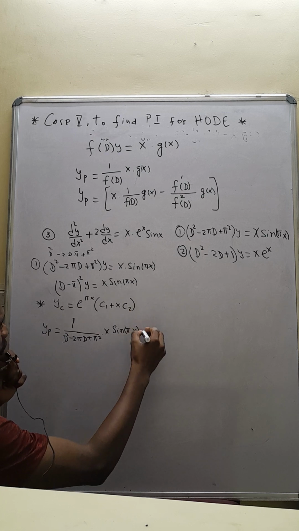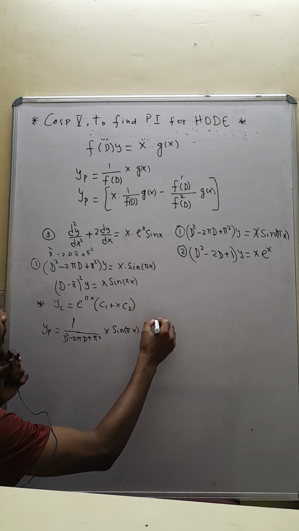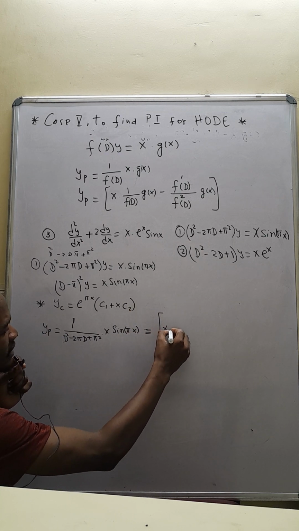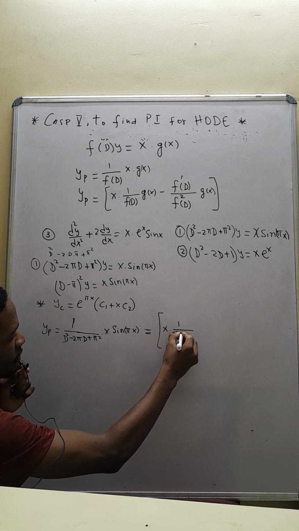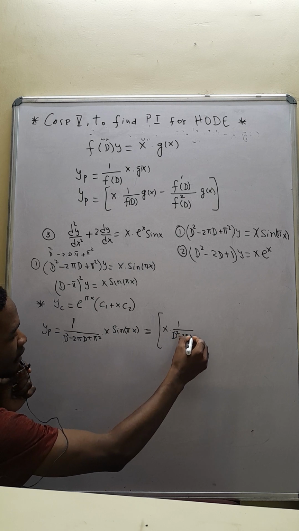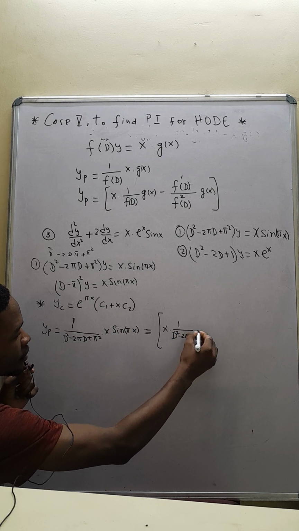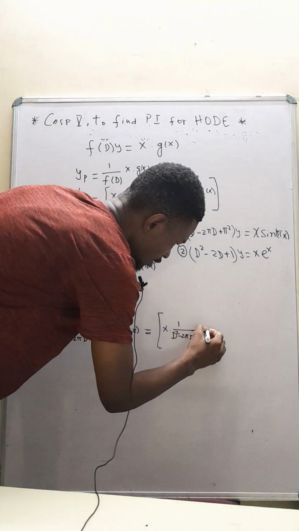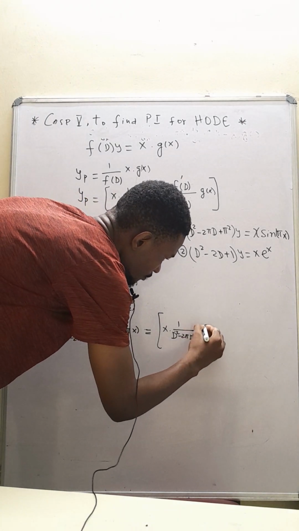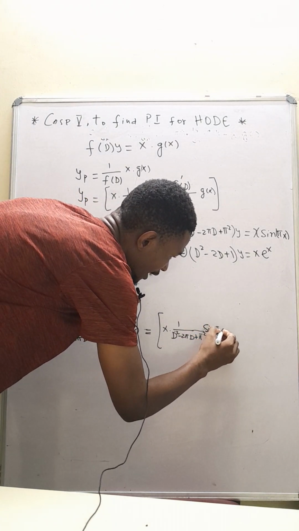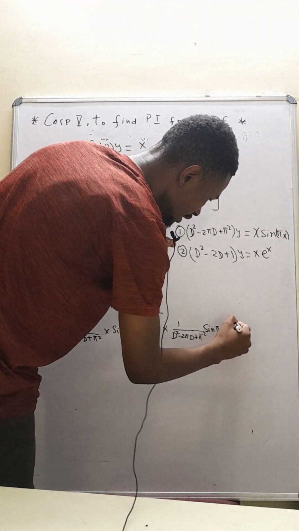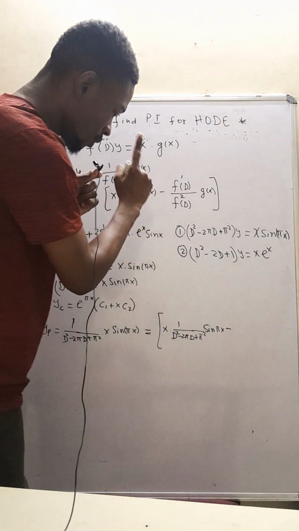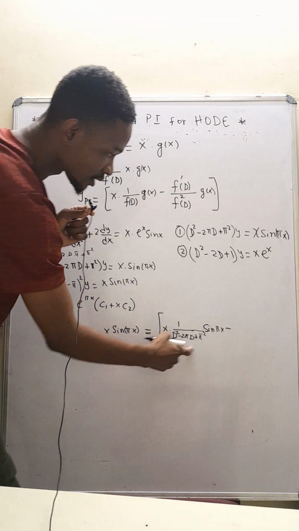So what you're going to have is x times 1 by D squared minus 2 pi D plus pi squared, times sin of pi x. That is your g of x. Then minus f of D derived one time. So I have to derive this guy one time.